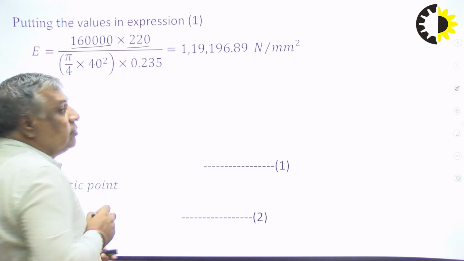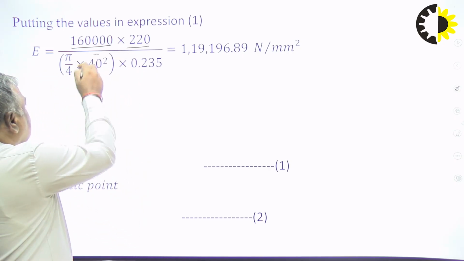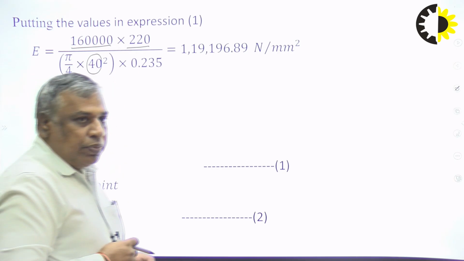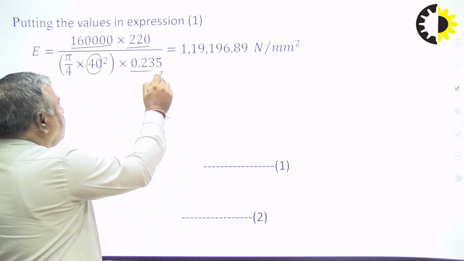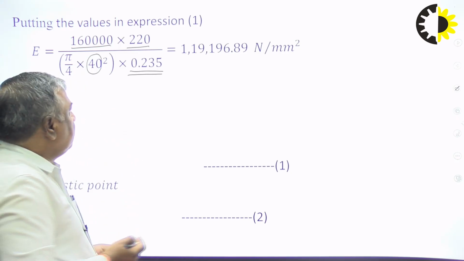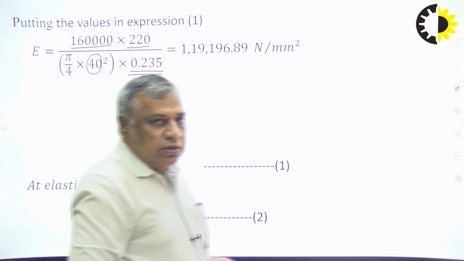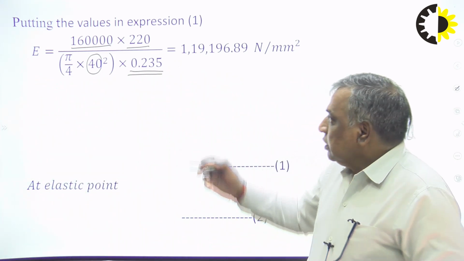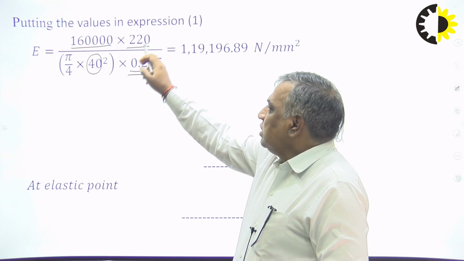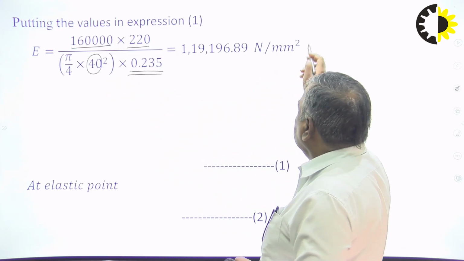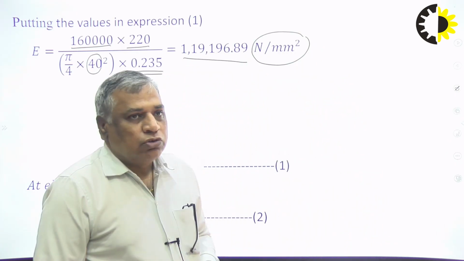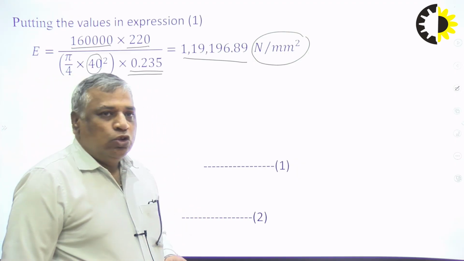The diameter is given as 40 millimeter, so pi by 4 into d square is the area, and the extension or the deflection at this load is 0.235. Now you can perform the dimensional analysis. This is in Newton, this is millimeter, this is millimeter square, this is millimeter. So this is Newton millimeter upon millimeter cube. The calculated value is 119,196.89 Newton per mm square.